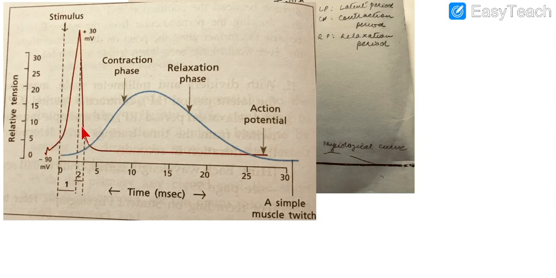Now, most of the times students might get confused, thinking this is the contraction and this is the relaxation in accordance with the action potential. No, this is the mechanical response. Say if the action potential is provided to a muscle, there are ionic events happening. Those ionic or electrical events are called the action potential, and the mechanical events are the simple muscle twitch.